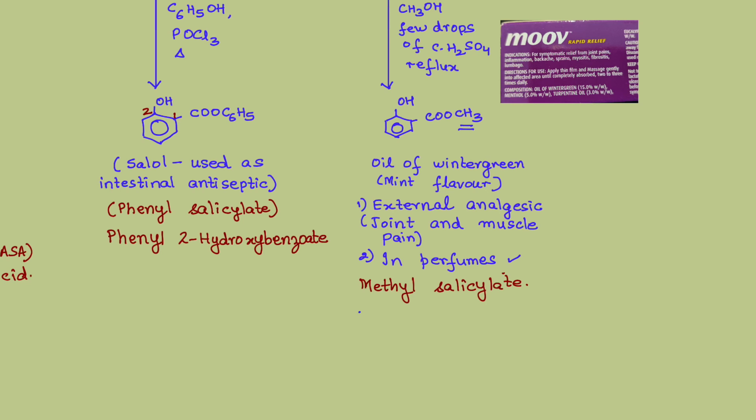Yes, so we write it as methyl 2-hydroxybenzoate. This is how we break down the IUPAC name. Got it? So this gives us our third compound, that is methyl salicylate.